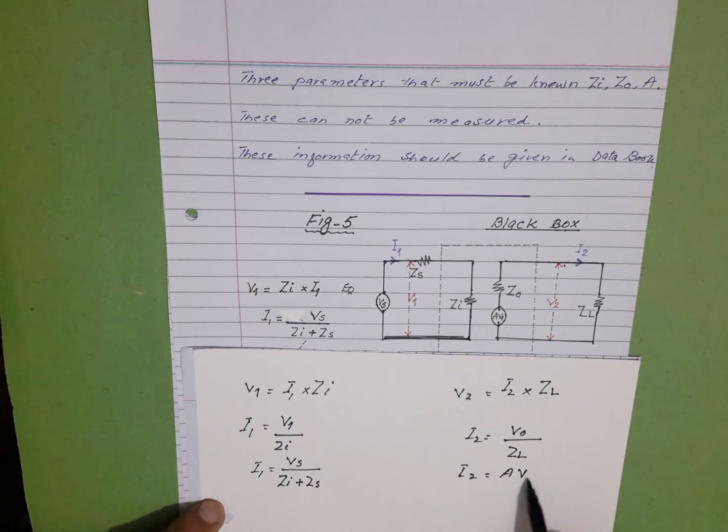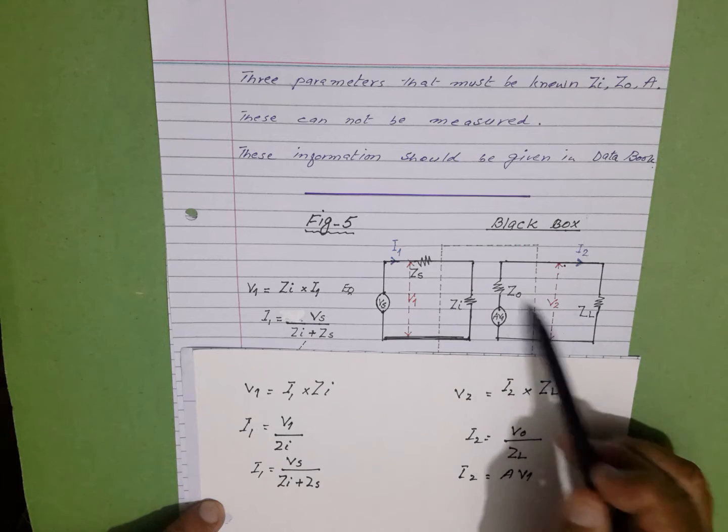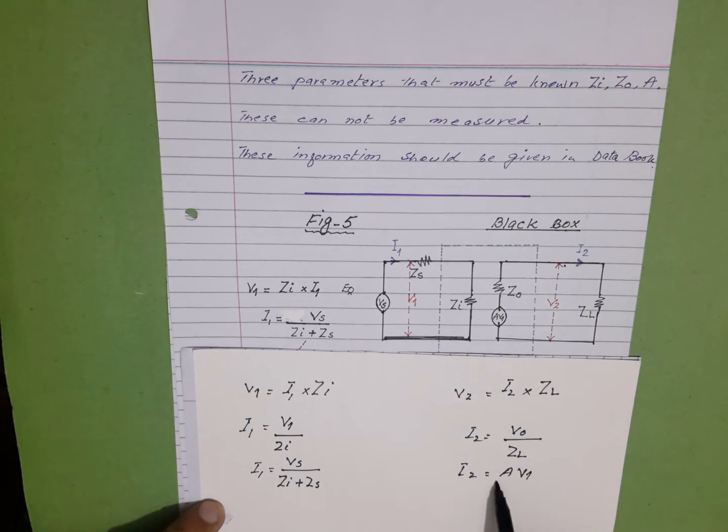A V1, that is the output controlled generator, divided by this plus this, which will be ZO plus ZL. Now this is the value of I1, this is the value of I2.